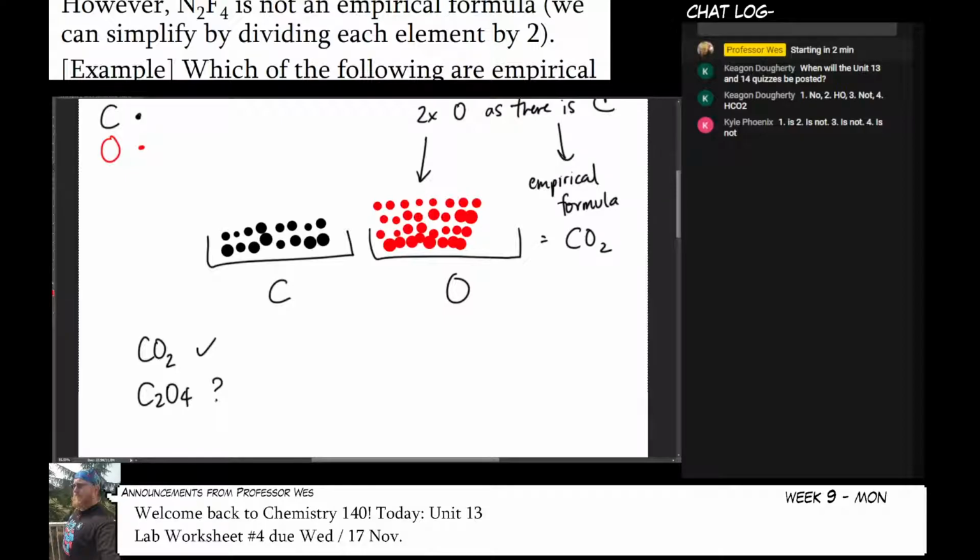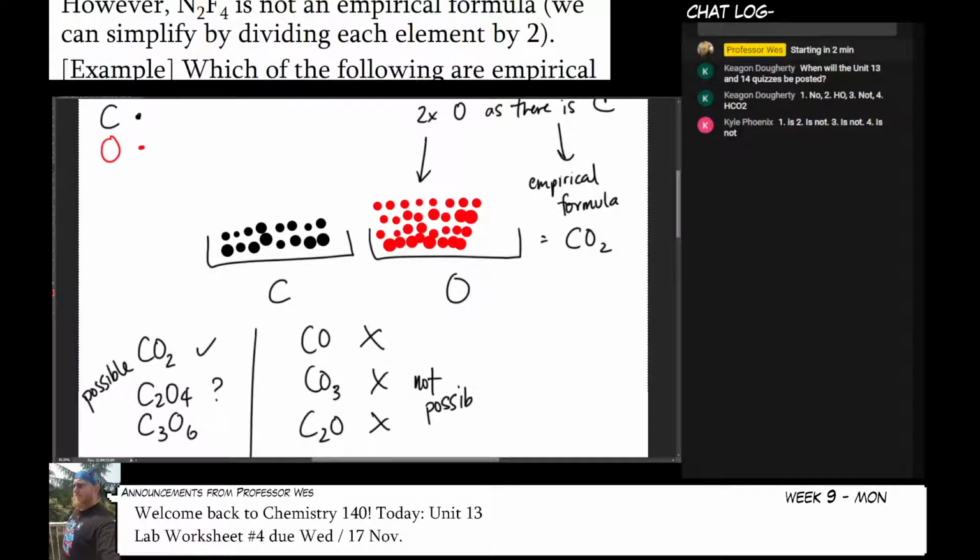If this exists, which it turns out it kind of does, as an ion, this could be what we put in the detector. So this is possible, as are any combination of things that have twice as much oxygen as carbon. But this cannot be what we put in the detector, nor could this or that, because these do not have the same empirical formula as what we observed in the device.